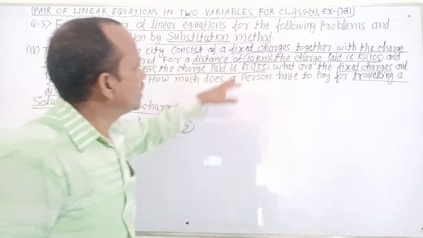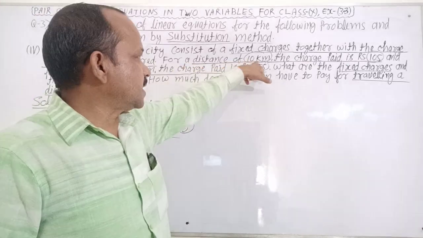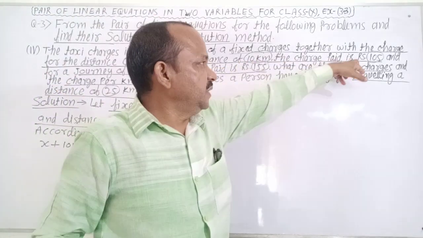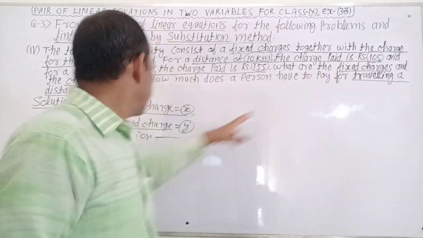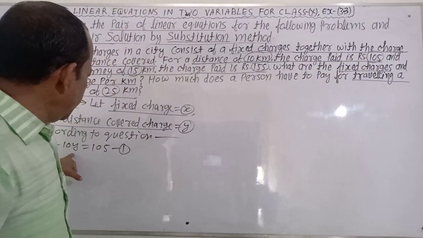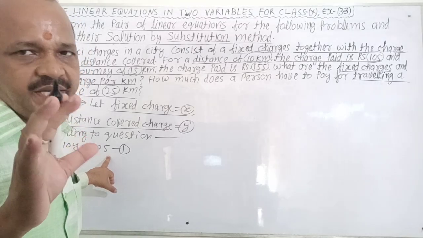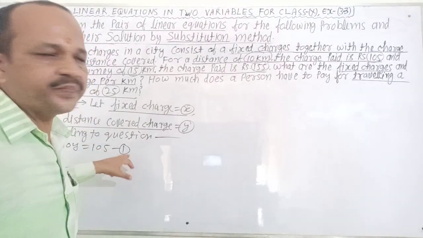Equation first. Here distance covered is 10 km. Clear? Total charges 105. x plus 10y equal to 105. Total charges. Clear? It is the first equation.